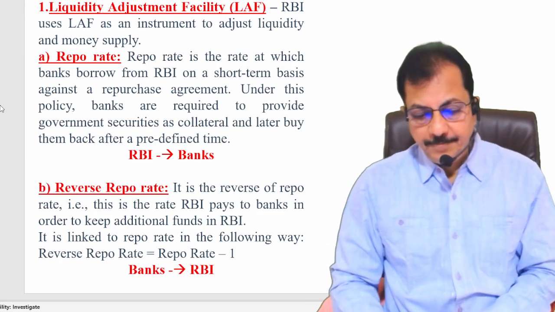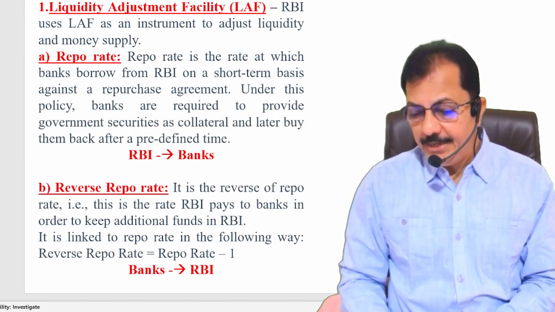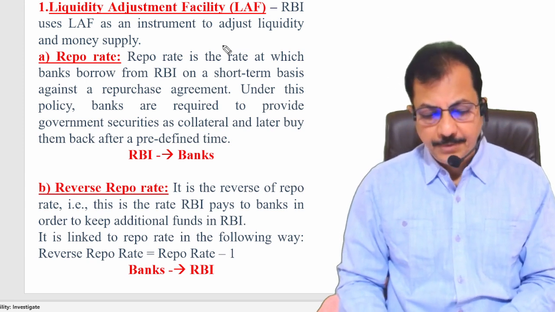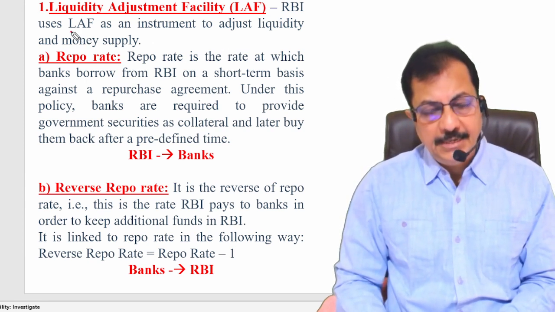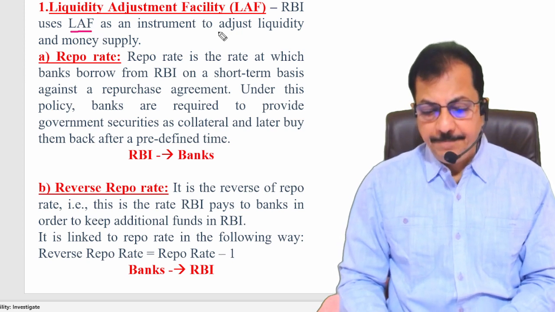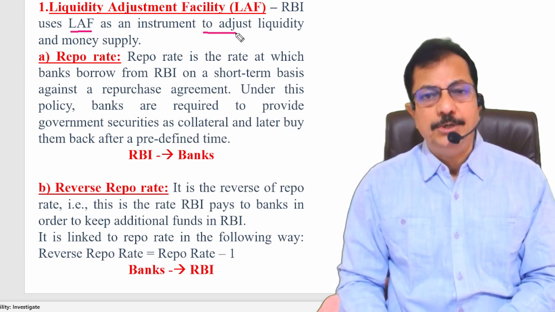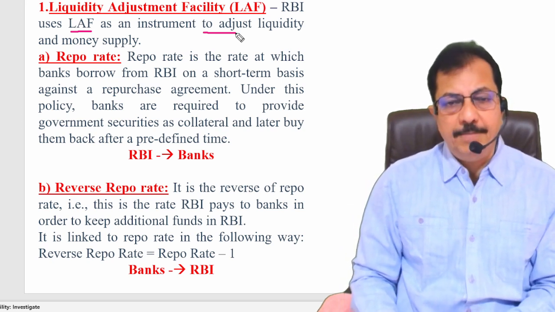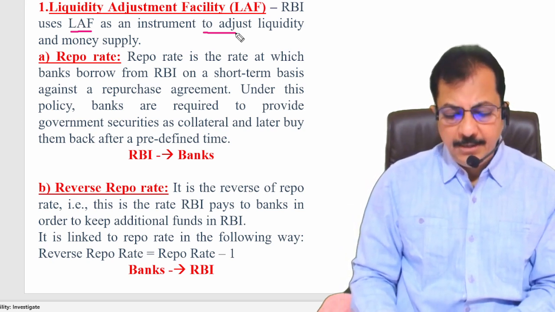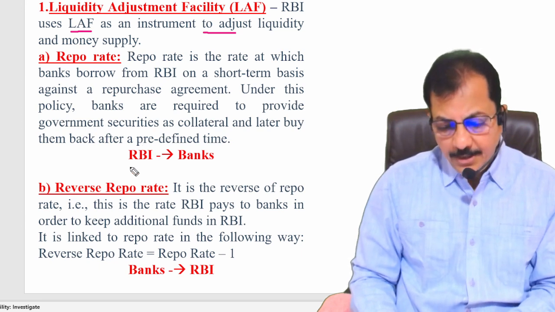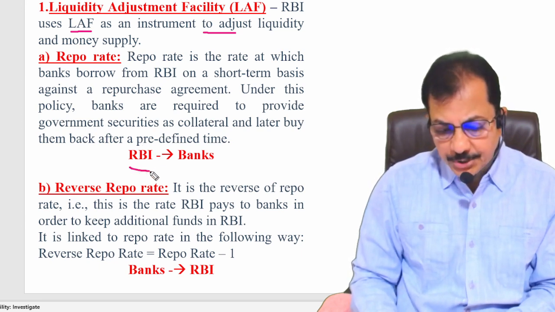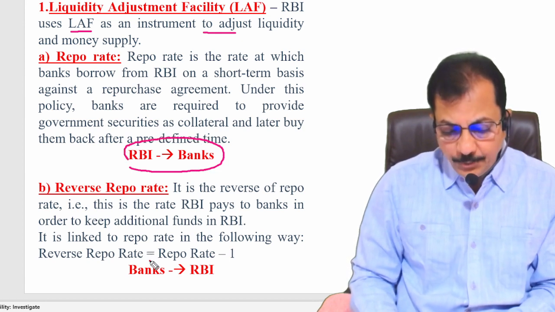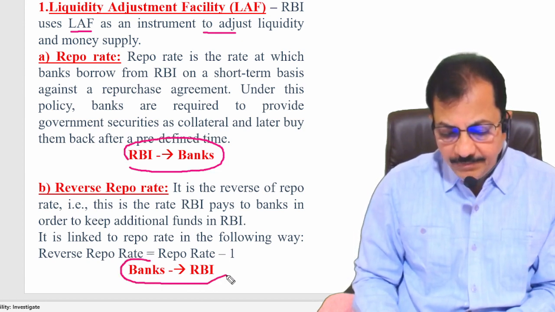Now look at this. When it comes to the liquidity adjustment facility, you have a repo and a reverse repo rate. RBI uses the liquidity adjustment facility as an instrument to adjust liquidity and money supply. Clear? And this will happen through repo rate and reverse repo rate. Repo rate comes into the picture when RBI is giving loans to banks. Reverse repo comes into the picture when banks are giving loans to RBI.